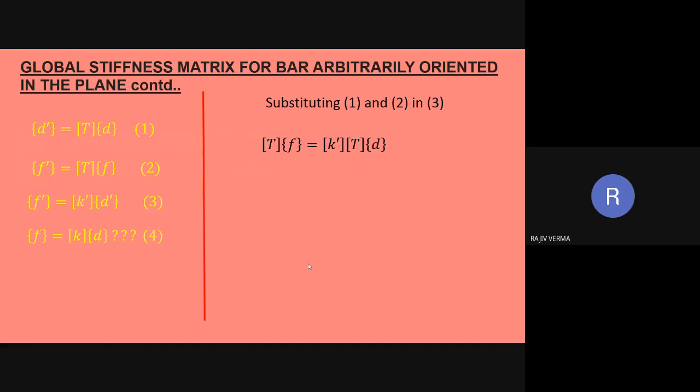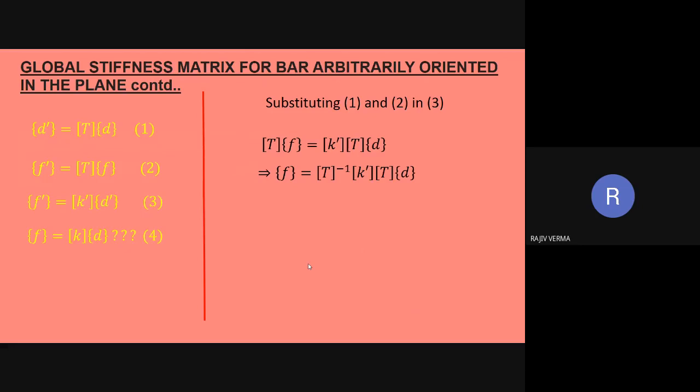This we can carry on to the right hand side. So obviously it is going to be carried towards the right with an inverse sign, and since it has been pre-multiplied, it is going to be pre-multiplied on the right hand side also, but with an inverse sign.